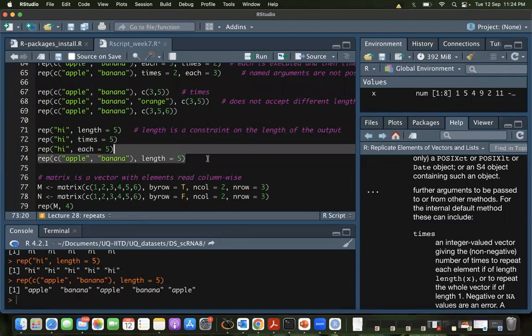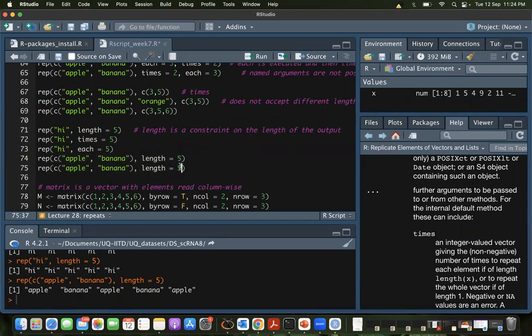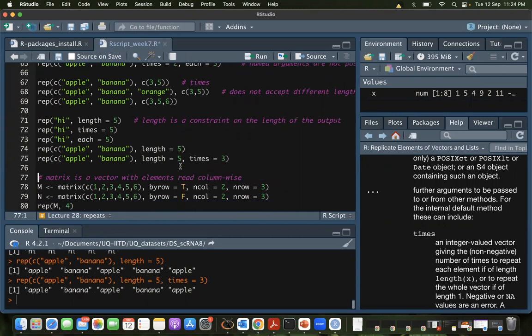We can check what is going to happen if I say times is equal to 3. Again, it gives the same result. If I say times is equal to 4, then also it's giving me the same result. Even though times is saying repeat 4 times, it's going to constrain it when the output has 5 elements. That's it.